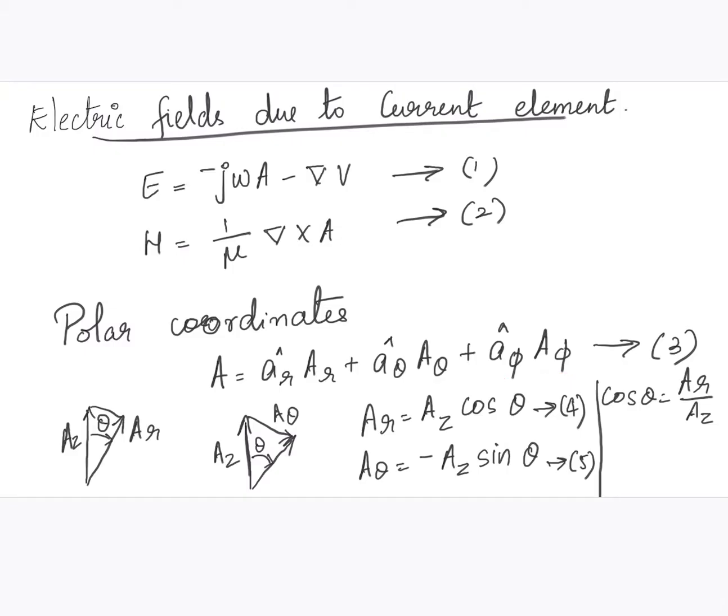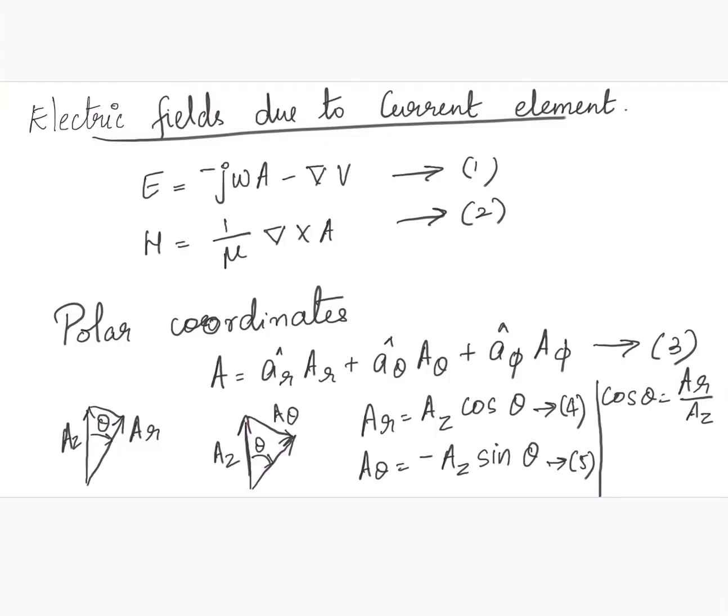Now consider the dipole placed in the spherical coordinate system, that is, the dipole is placed in the z direction. So this is the vector potential A_z, and r is in this direction. So this is A_r, this is A_z, and between them will be the angle theta.